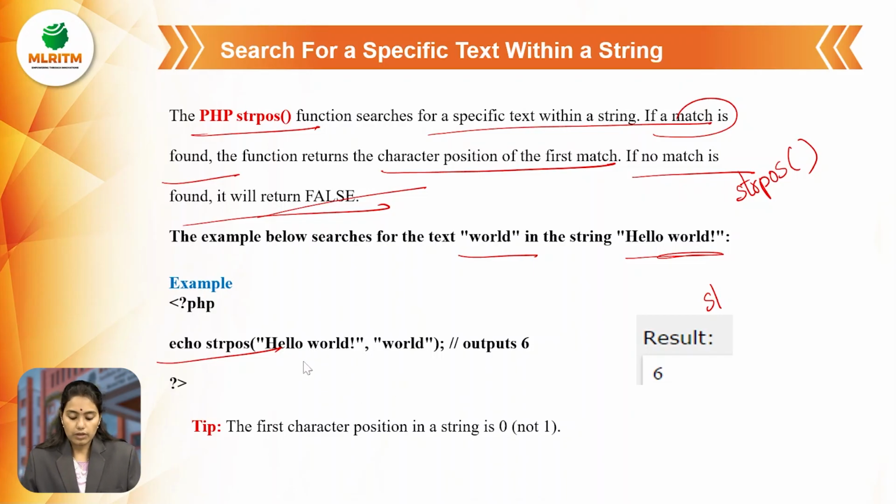So here we have given hello world and world. So what is the word we want to search? World. So what is the output? Let's count the position. That is 1, 2, 3, 4, 5. Including space, it is 6. Yes, it is 6. So the result is 6. So the first character position in a string is always 0, not 1. It will always start from 0.